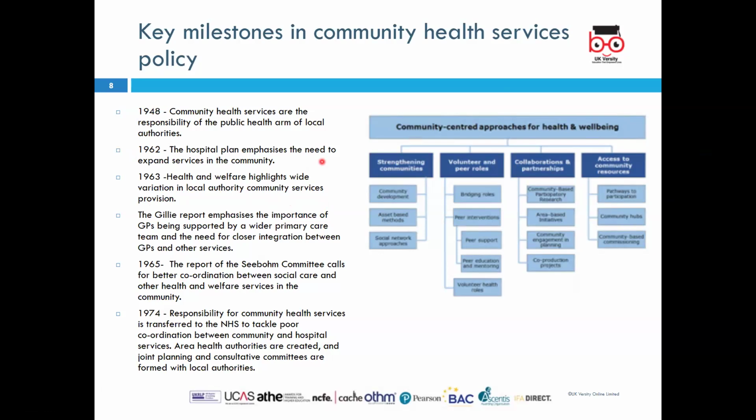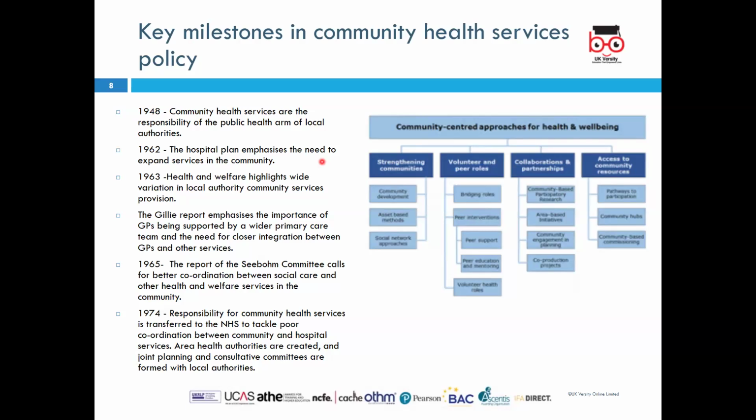Then you had the Gillie report that emphasized the importance of GPs being supported by a wider primary care team and the need for closer integration between GPs and other services. In 1965, a report of the Seebohm committee called for better coordination between social care and other health and welfare services in the community.